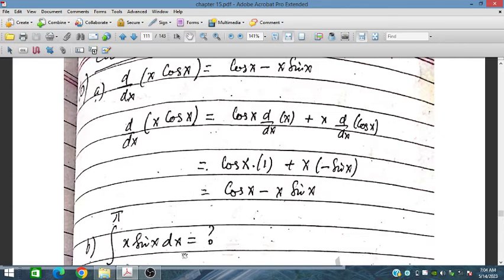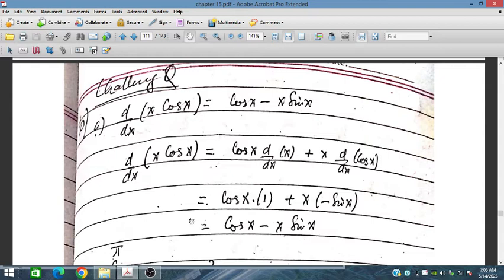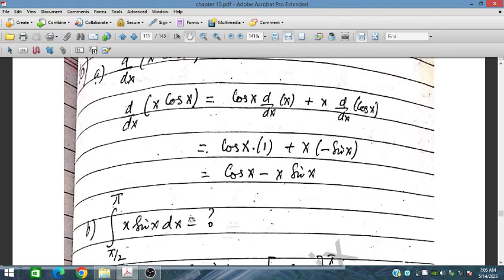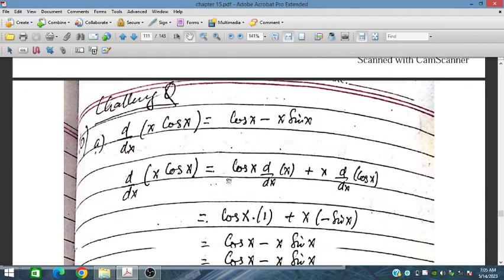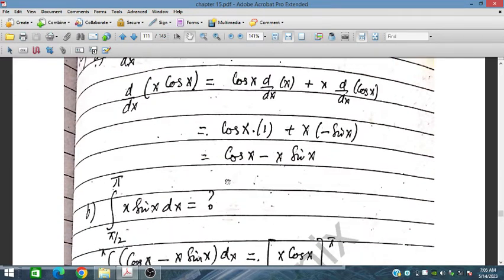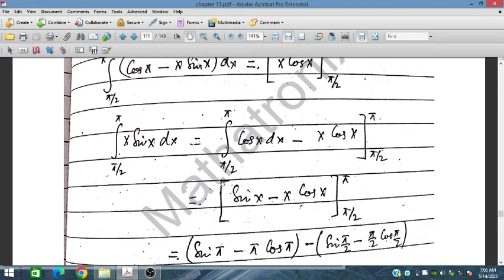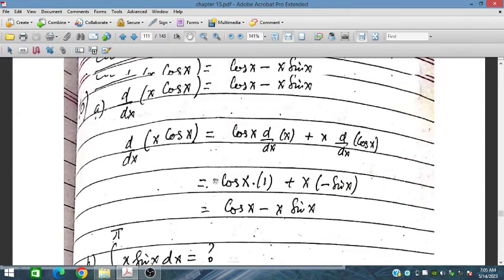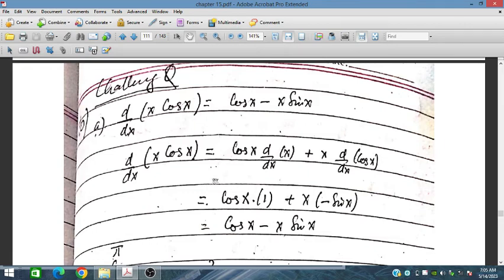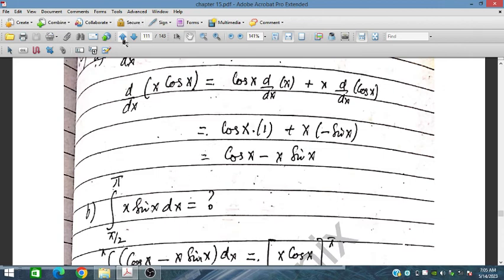So this is x sin x dx. It is basically cos x.